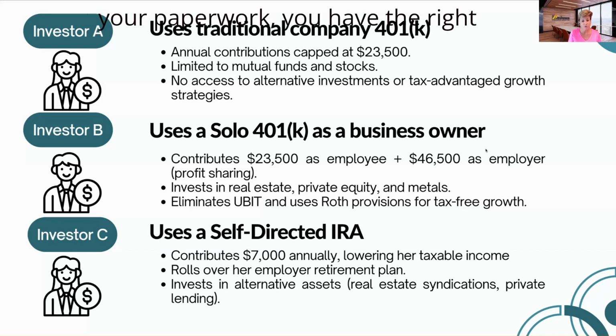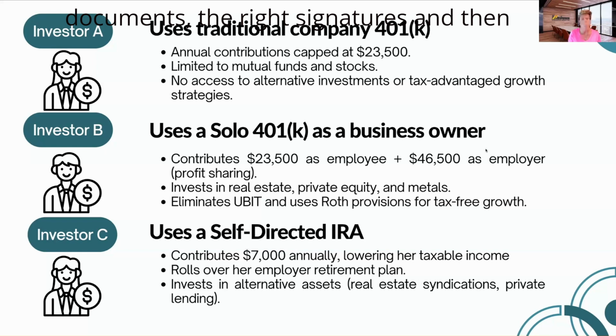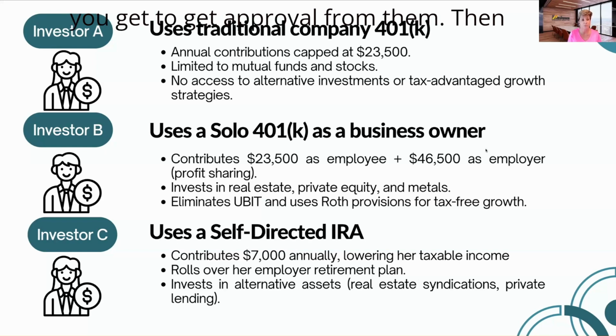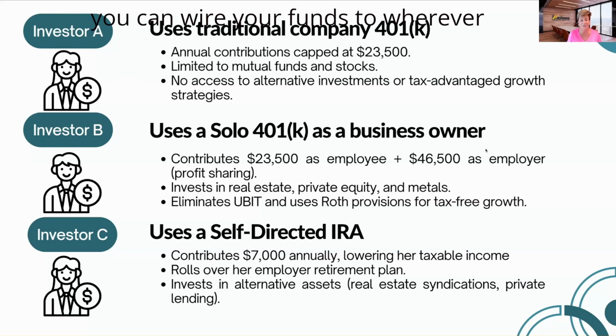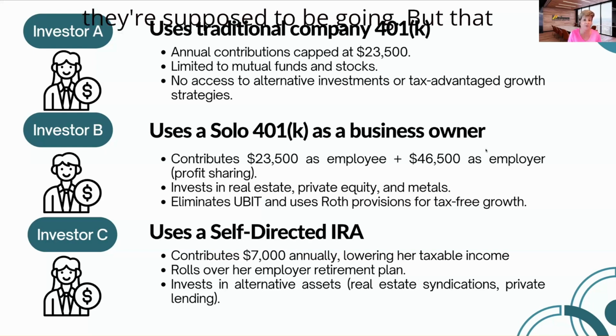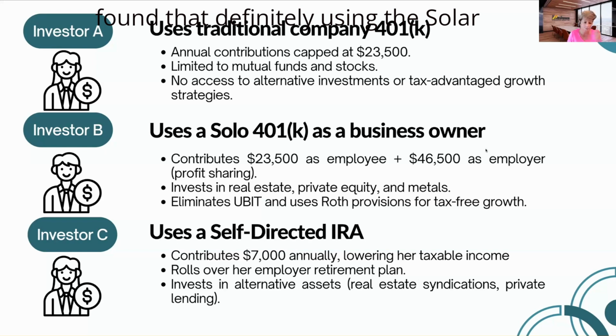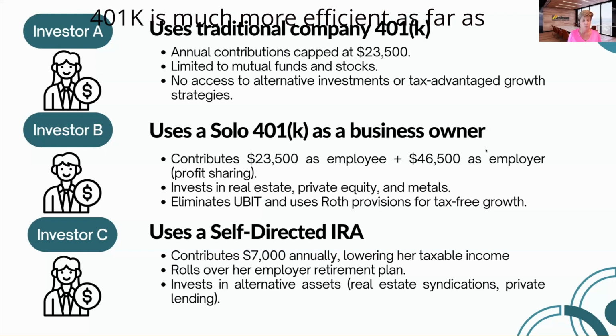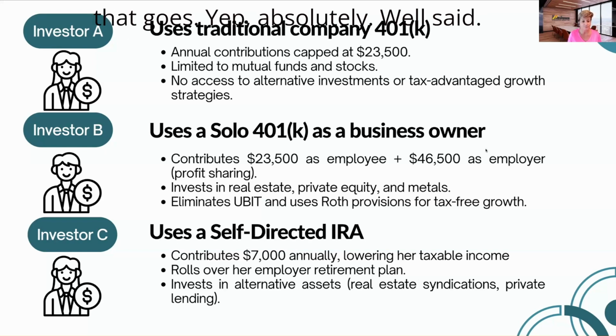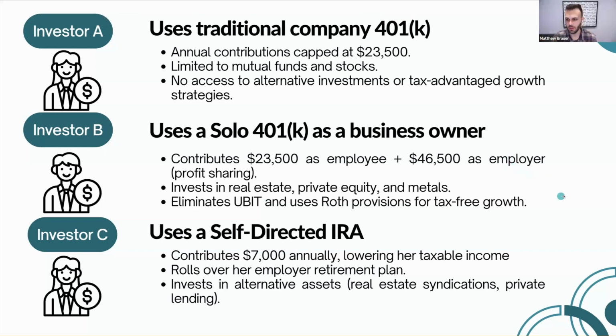They check your paperwork, you have the right documents, the right signatures, and then you're going to get approval from them. Then you can wire your funds to wherever they're supposed to be going, but that can take several days. So I found that definitely using the solo 401k is much more efficient as far as that goes. Yep. Absolutely. Well said.